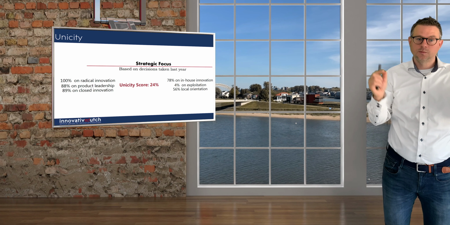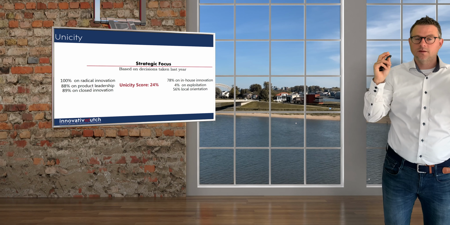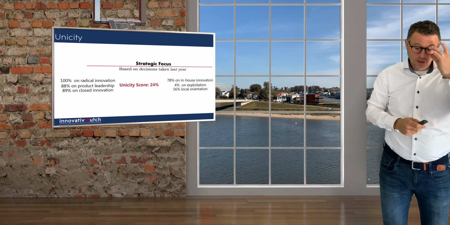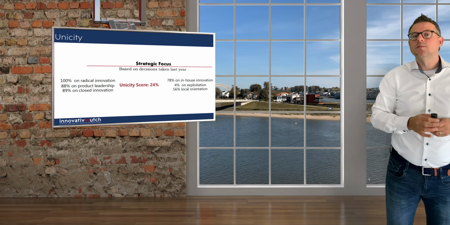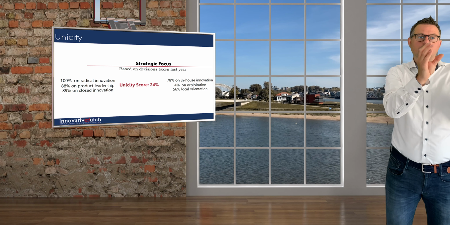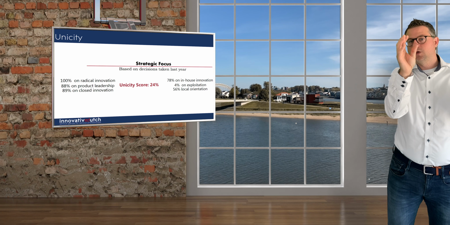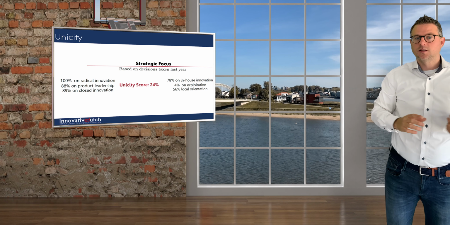It always puts two teams at the ends of the axis. So remember that there's always a team at 100% incremental and always a team at 100% radical. If you are, for example, on 4% exploitation, it basically means you're somewhere in the middle. So you're halfway exploration and halfway exploitation, a little bit more to the exploitation side, but very much in the middle. It means that other teams are on the other ends of the axis.